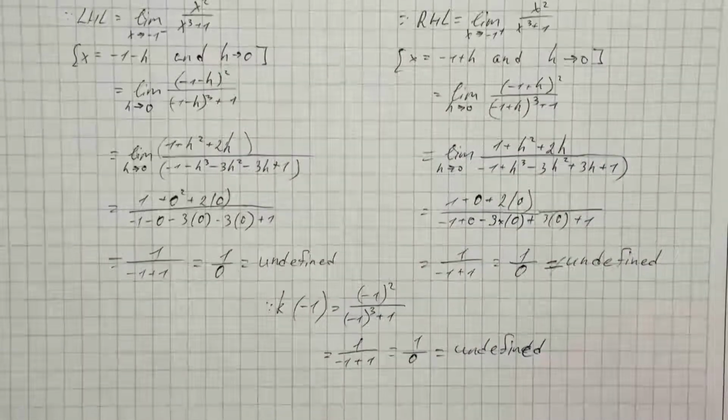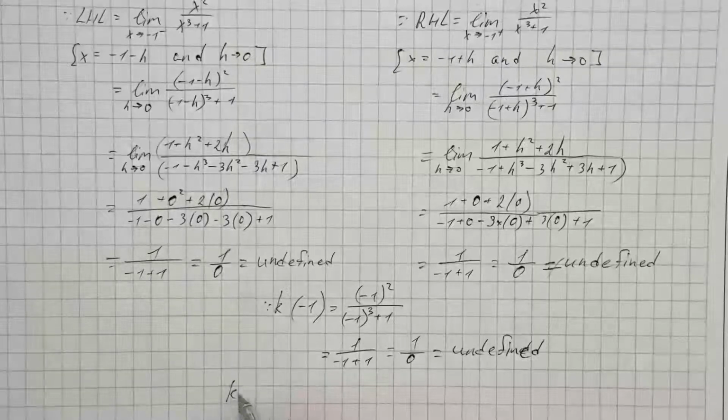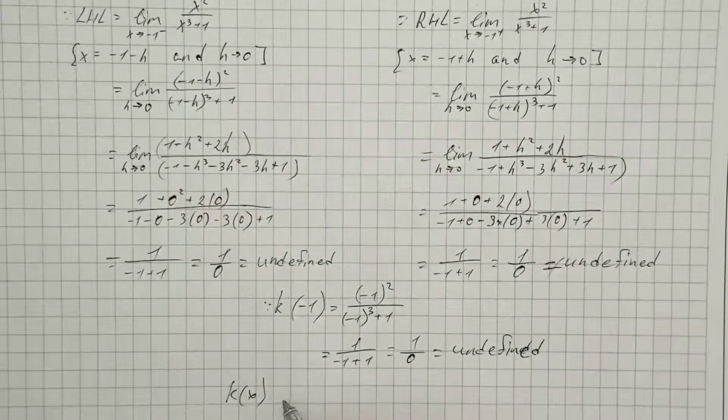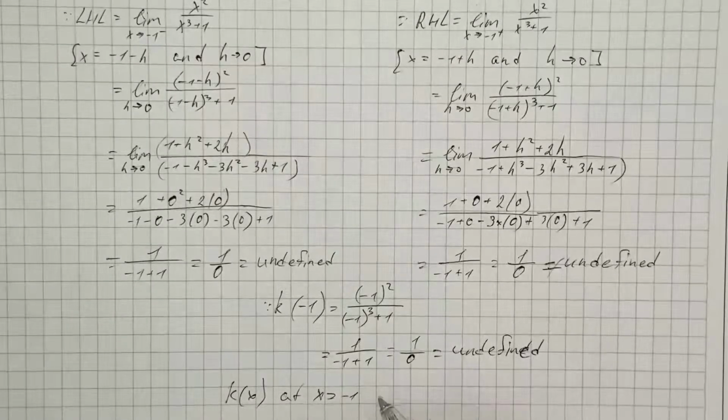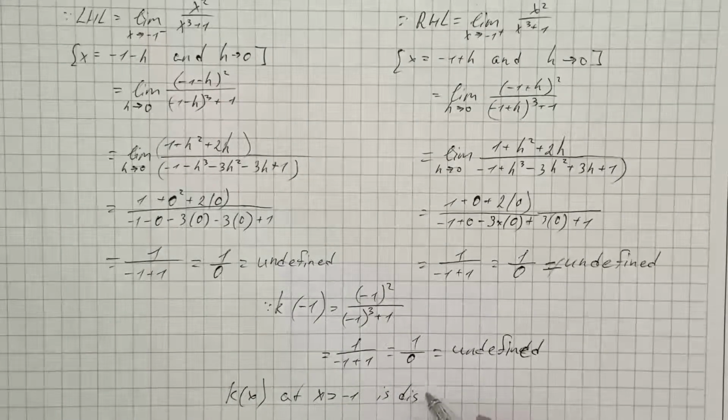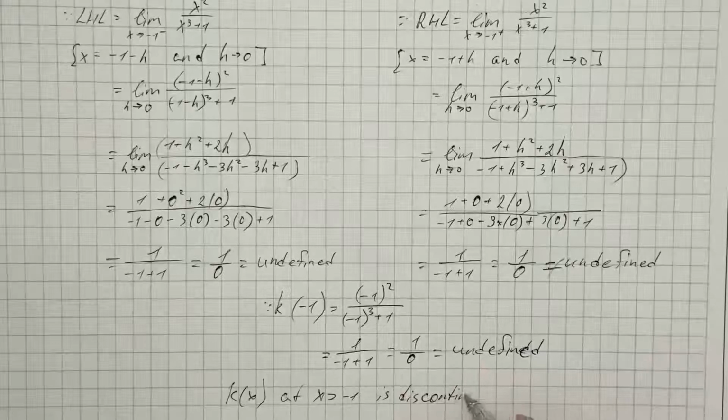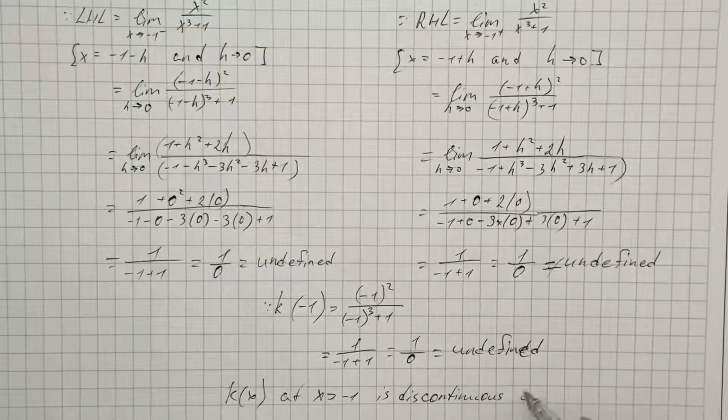So we get that the function k of x at the point x equals -1 is discontinuous or does not exist.